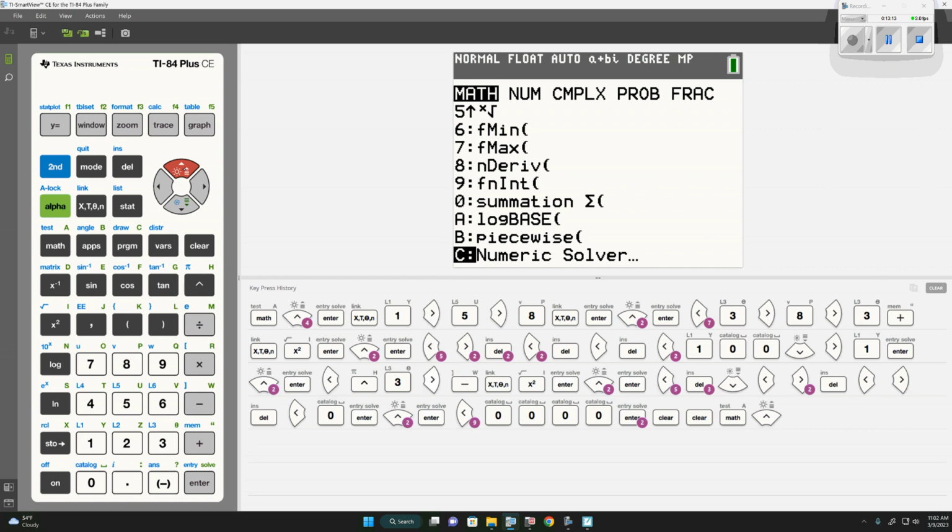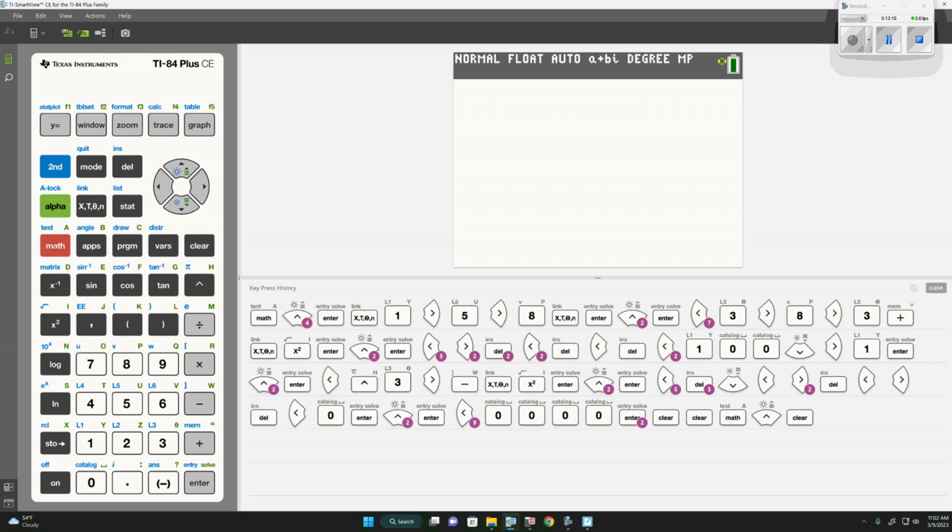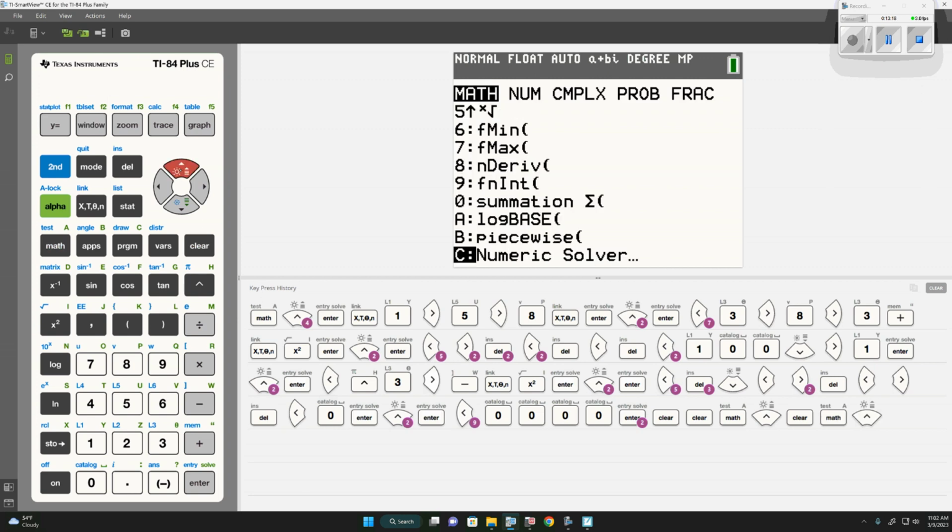I'm going to do that again. Let's be clear. On the graphing calculator, if I hit math and we go up 1, is there something that looks nice there? Summation, yes.